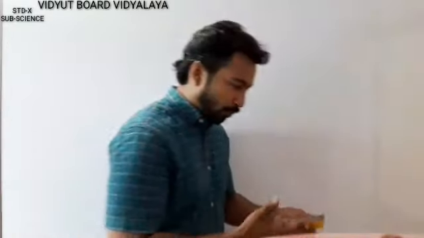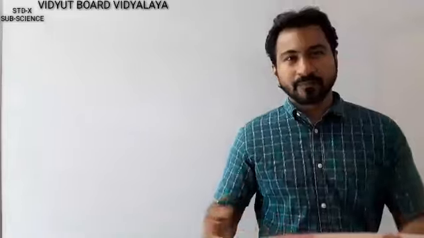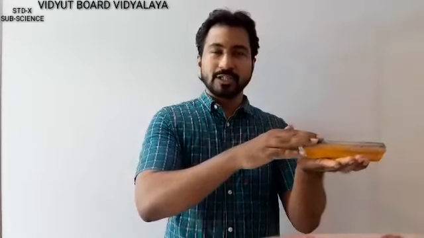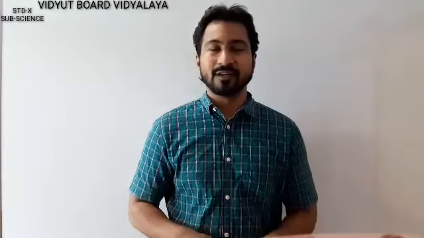Well, this duster is there at a particular place. It is not showing any sort of movement. But I, a human being, am able to move from one place to the other. So the basic difference between the two objects, the duster and a human being, is the fact that the duster is non-living and I myself am a living organism.